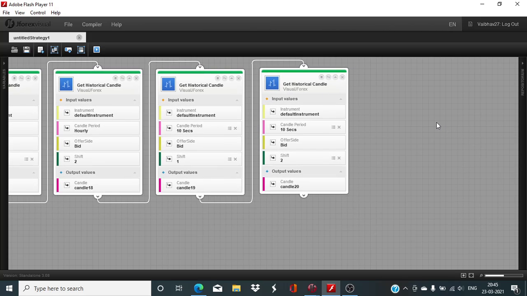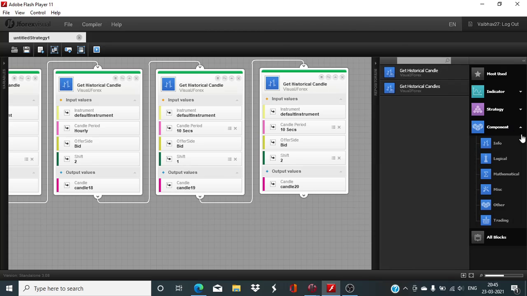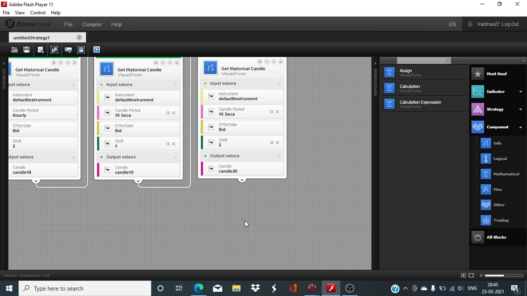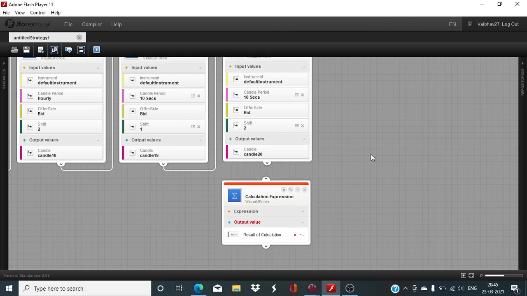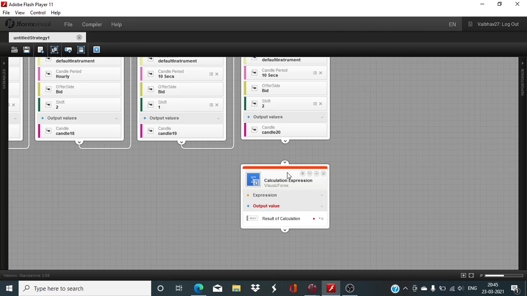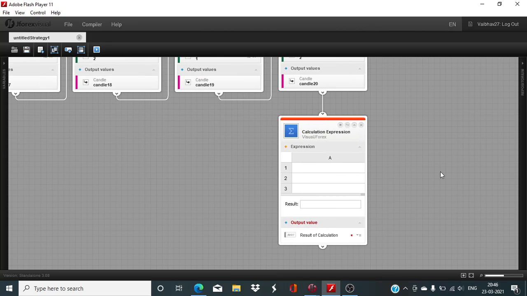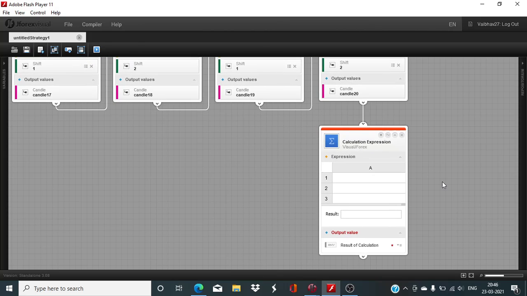Now, to set certain conditions, we will also have to take the help of calculation expression. And I think in today's session, before wrapping up, I will bring in this calculation block where we will define the condition of minimum pip difference that needs to be in place between the opening and the closing value for last hour.